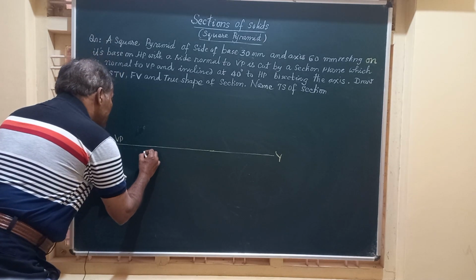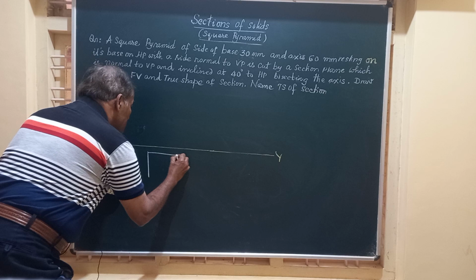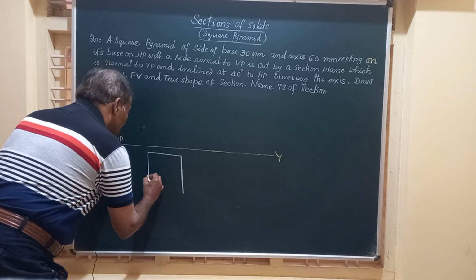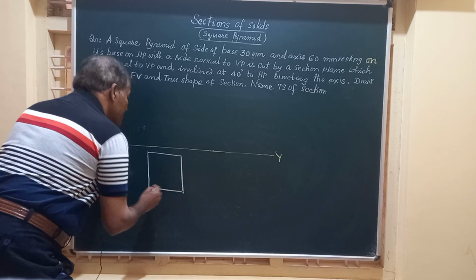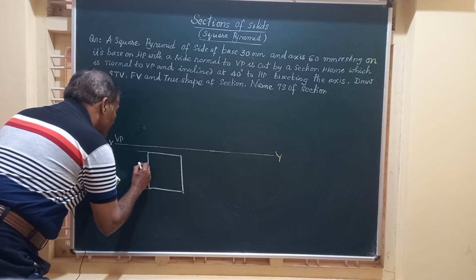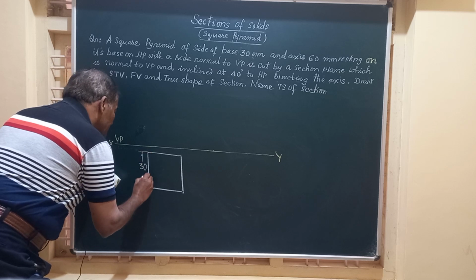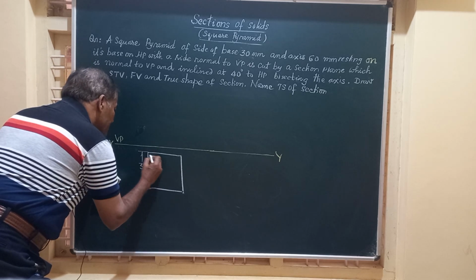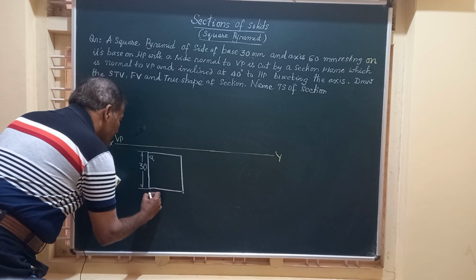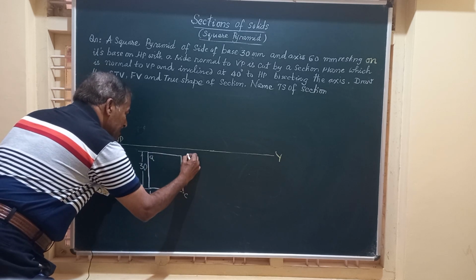So I am going to write down here a square of the given side, and we can name the corners of this as A, B, C and D.